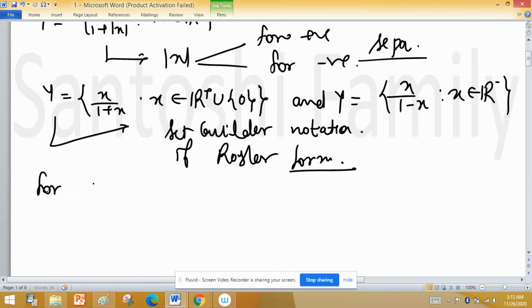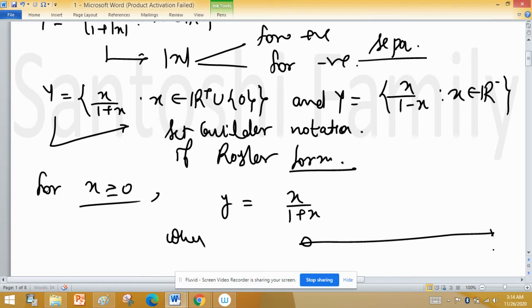For positive values, y equal to x upon 1 plus x. This is small y and this is capital Y for set notation. When x is much far away from the point 0, or you can say origin, then the value of x is much greater than 1, so you can leave it.